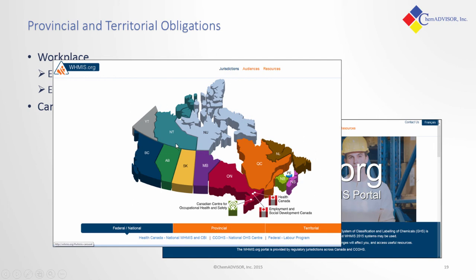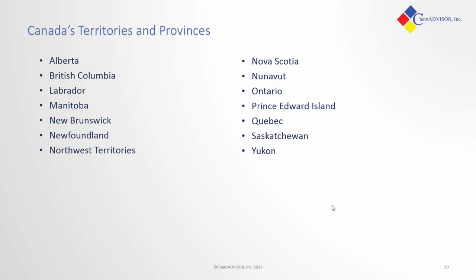And you can either click on a particular area that you're interested in, or come down at the bottom and click on province or territory in order to take a look at what that particular unit has to say in relation to WHMIS 2015. These are all the territories and provinces in Canada.